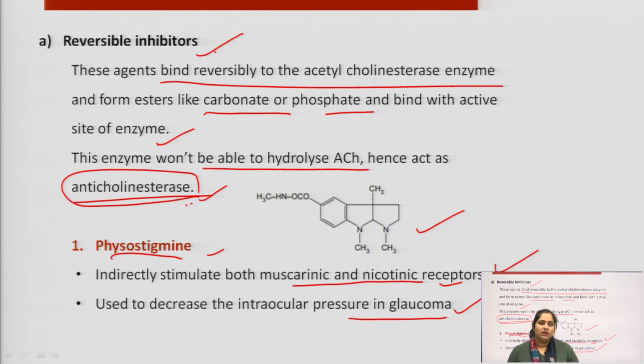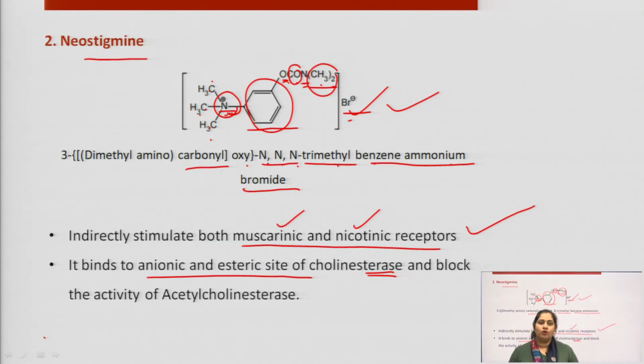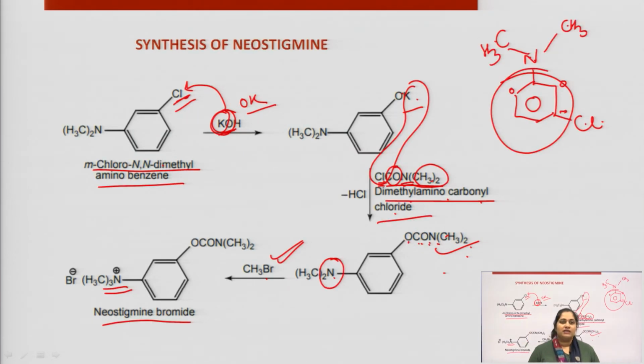They are used in the treatment of glaucoma to reduce the intraocular pressure, and neostigmine also binds to the anionic and ester site of the cholinesterase and blocks the activity of acetylcholinesterase. In the case of synthesis, we started with metachloro-NN dimethylaminobenzene, and with the action of potassium hydroxide and dimethylaminocarbonyl chloride, we synthesized neostigmine bromide.